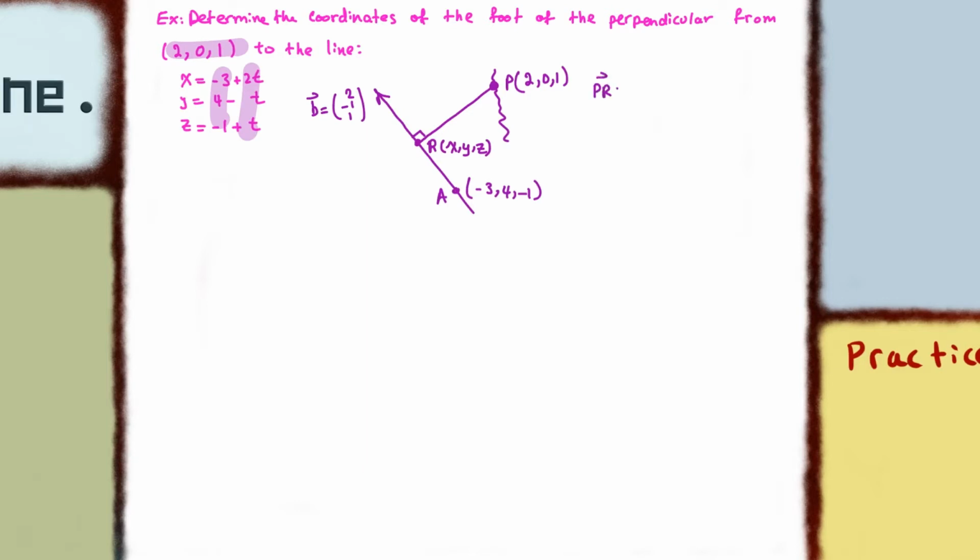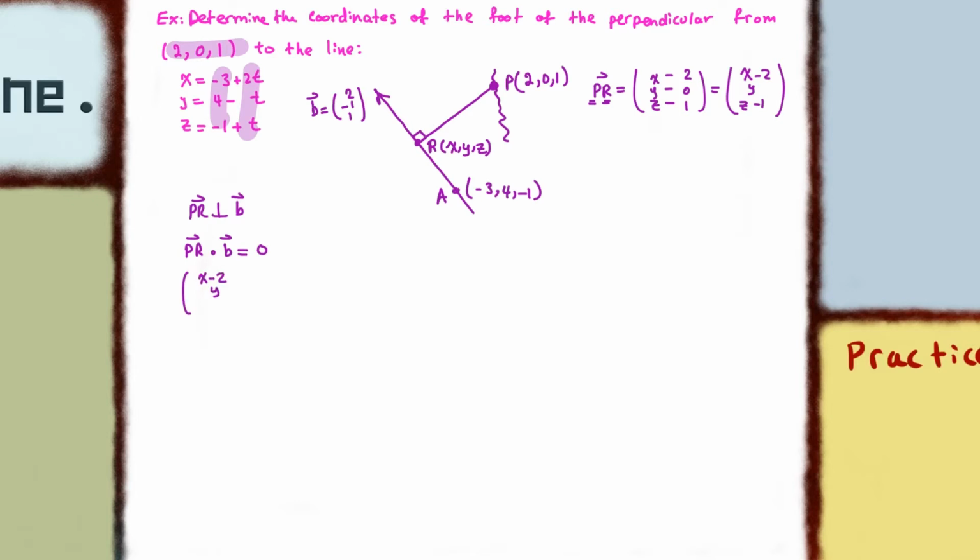We can find vector PR, and it's going to be the coordinates of point R minus the coordinates of point P, which gives us an x component of x minus 2, a y component of y, and a z component of z minus 1. And now we know that the vectors PR and AR are perpendicular, so the dot product of PR and direction vector B is equal to 0.